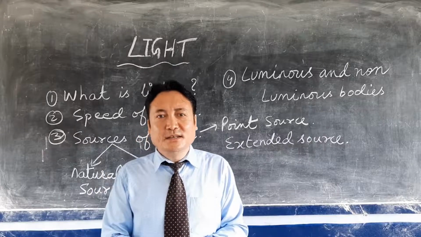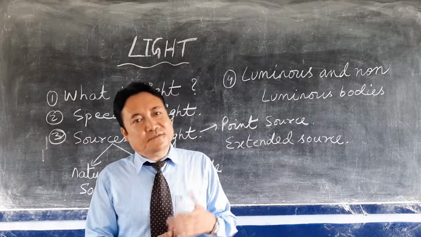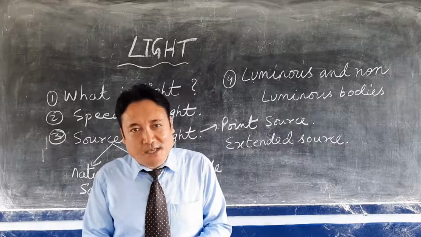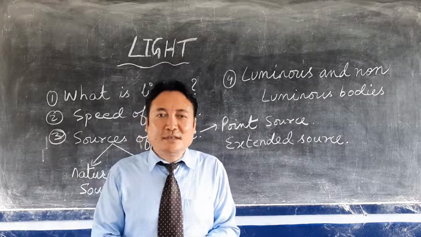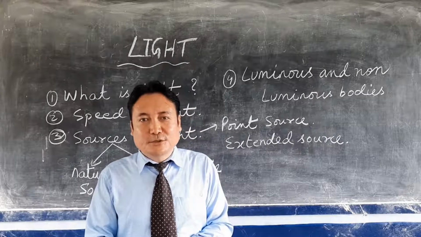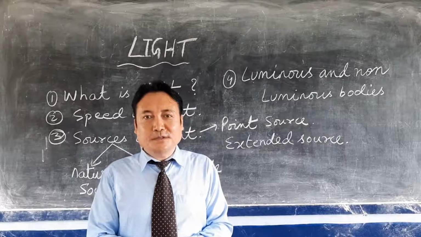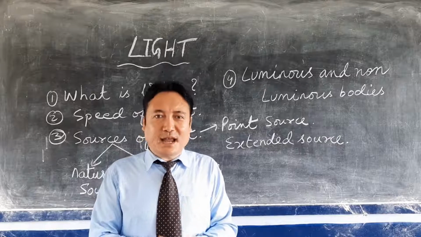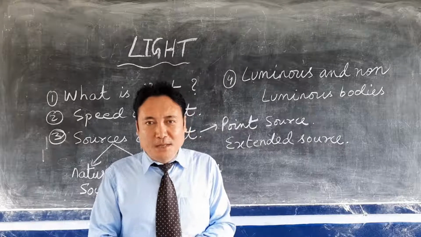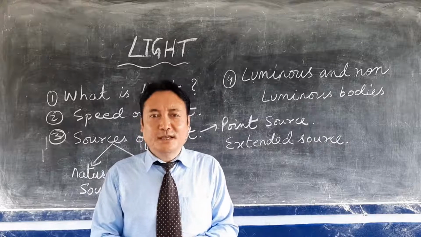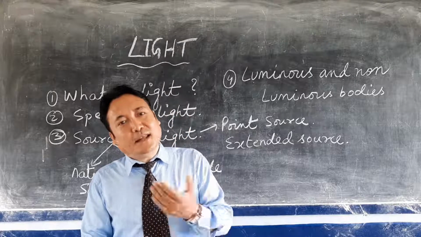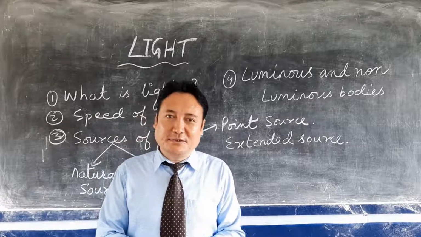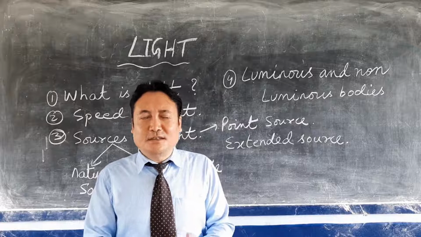All these are artificial sources of light. Activities cannot be possible in the dark, so you light your house and again follow your activities during the night, doing homework, studying.